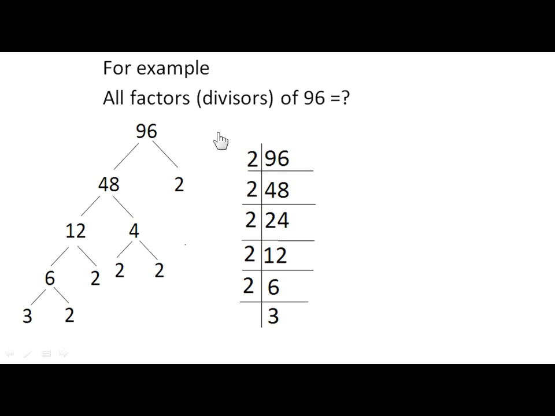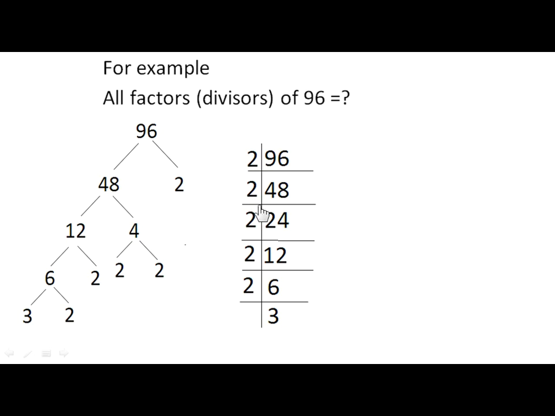We can also find all prime factors in this way. Here we divide 96 again and again by prime numbers, and we start with the smallest prime number. Since 96 is divisible by the smallest prime number 2, we divide it by 2, we get 48.